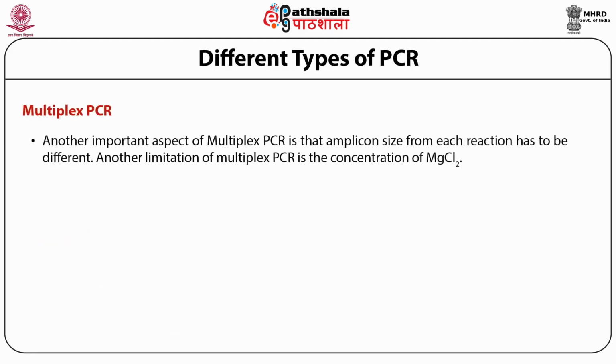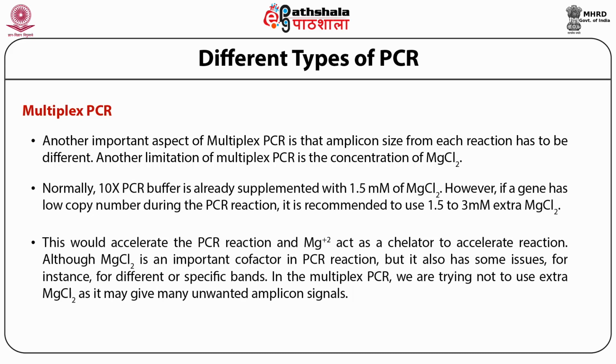Another important aspect of the multiplex PCR is that the amplicon size from each reaction has to be different, with a different physical length. Another limitation of the multiplex PCR is the concentration of MgCl2. Normally, the 10x PCR buffer supplied by the manufacturers already has 1.5 millimolar magnesium chloride.